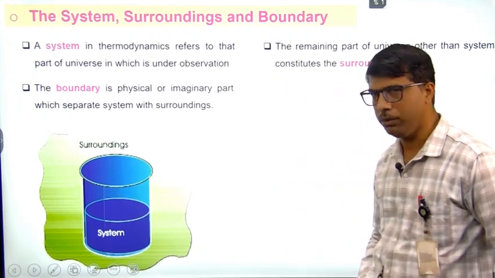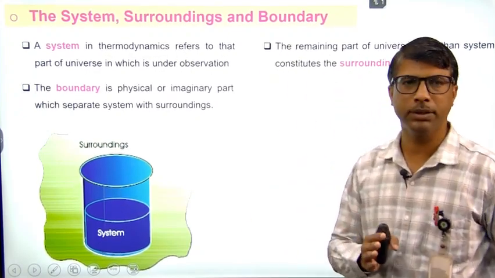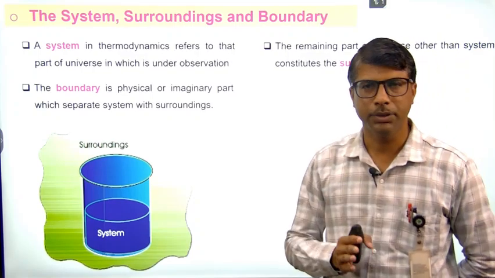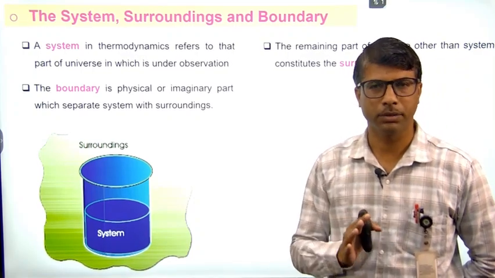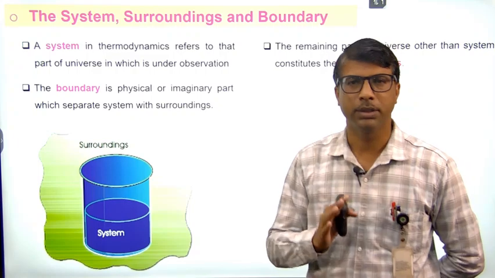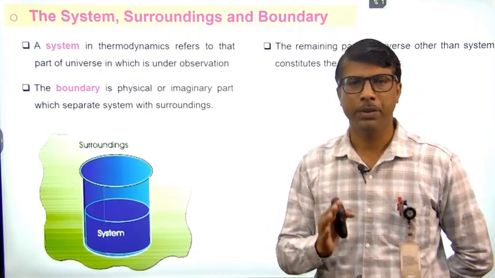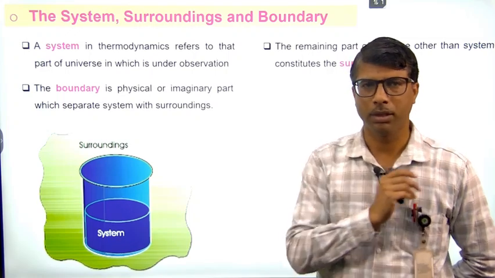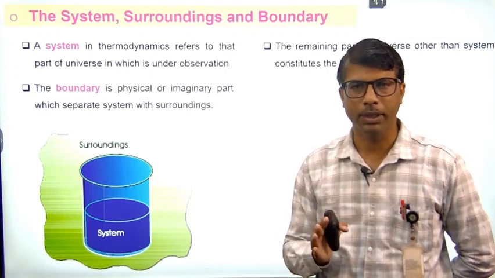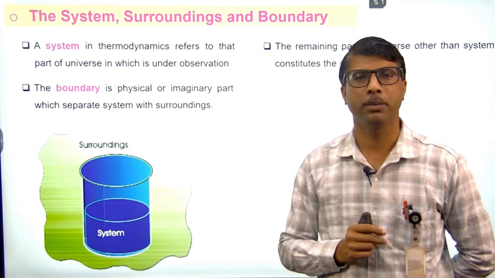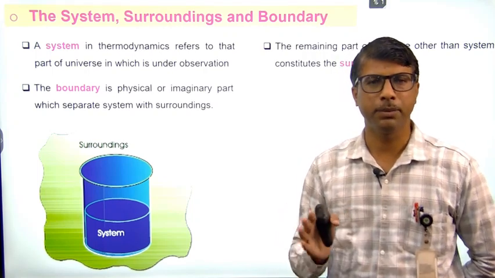Here we have three important terminologies. The system is the part of the universe which is under observation. The second one, the surrounding, is the part of the universe other than the system, and the boundary, the third most important terminology, separates the system from the surrounding.